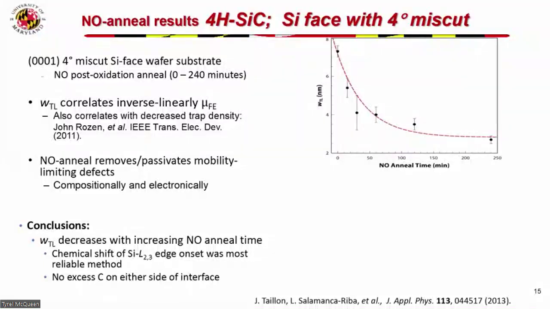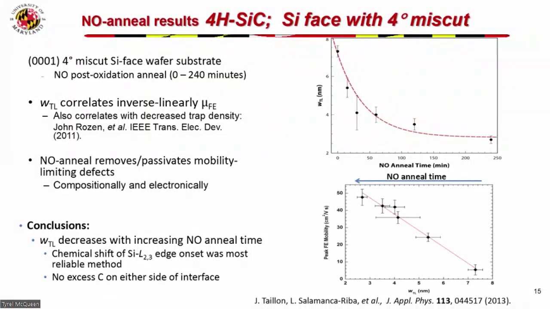So this also correlates with the charge carrier mobility that was measured at Auburn University, where they saw that annealing time is in this direction. The samples that were annealed longest had the highest peak mobility, and those had the narrowest transition layer width, right?